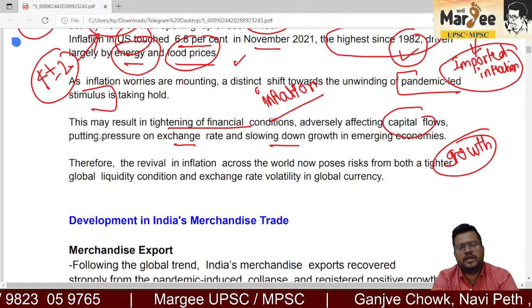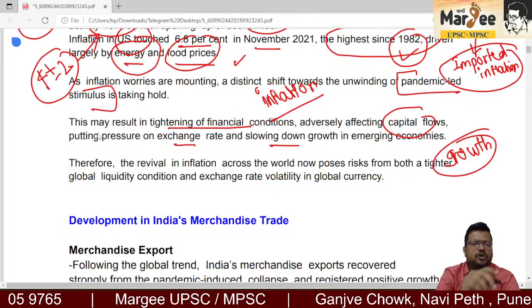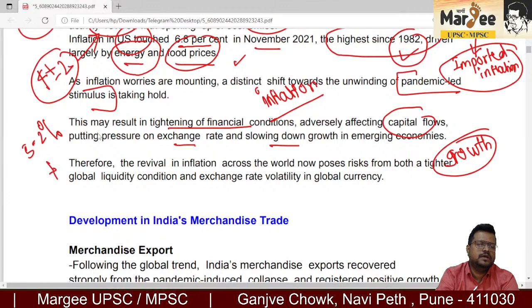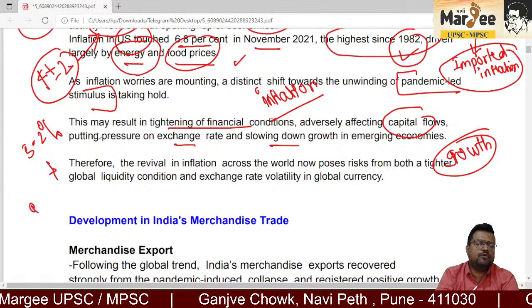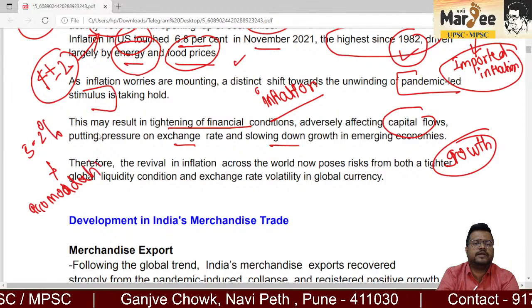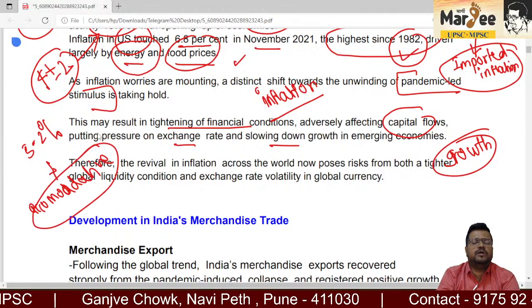You must be aware that in the Indian context, because inflation was within the manageable limit, that is 5.2%, RBI can afford to have an accommodative monetary policy stance. What is an accommodative monetary policy stance?